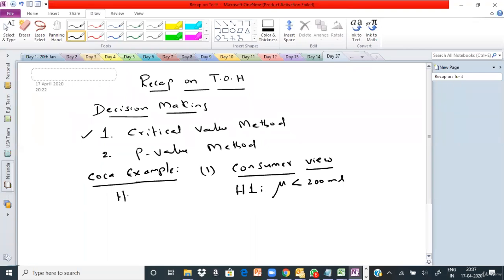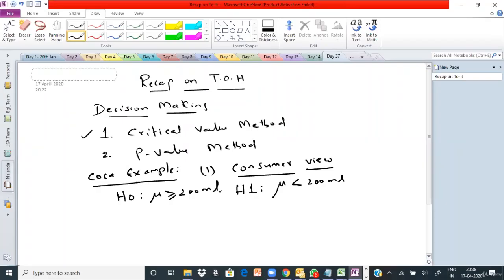So what is my H naught? Opposite to this, right? This is greater than or equal to 200 ml. Based on the claim, meaning H1, done by the consumer, he is going to collect the data. When he collects the data, he will be collecting the data in favor of him, right?